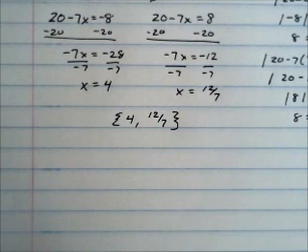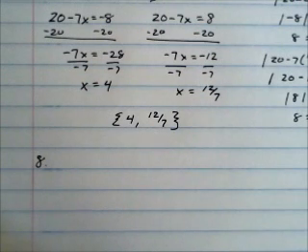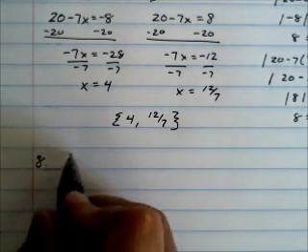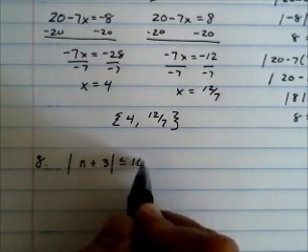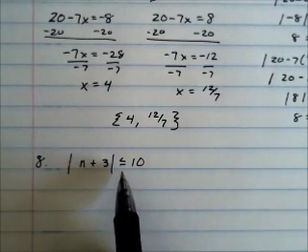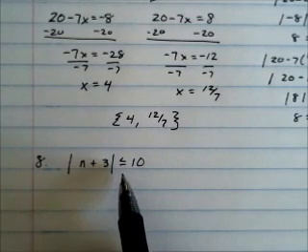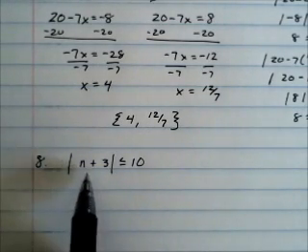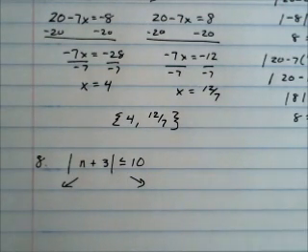Next, we're going to do number 8. This is an absolute value inequality: the absolute value of n plus 3 is less than or equal to 10. Now this is an inequality, less than, so we know that our graph is going to be shaded between our 2 values. Absolute value is isolated, so we break off into our 2 separate inequalities.